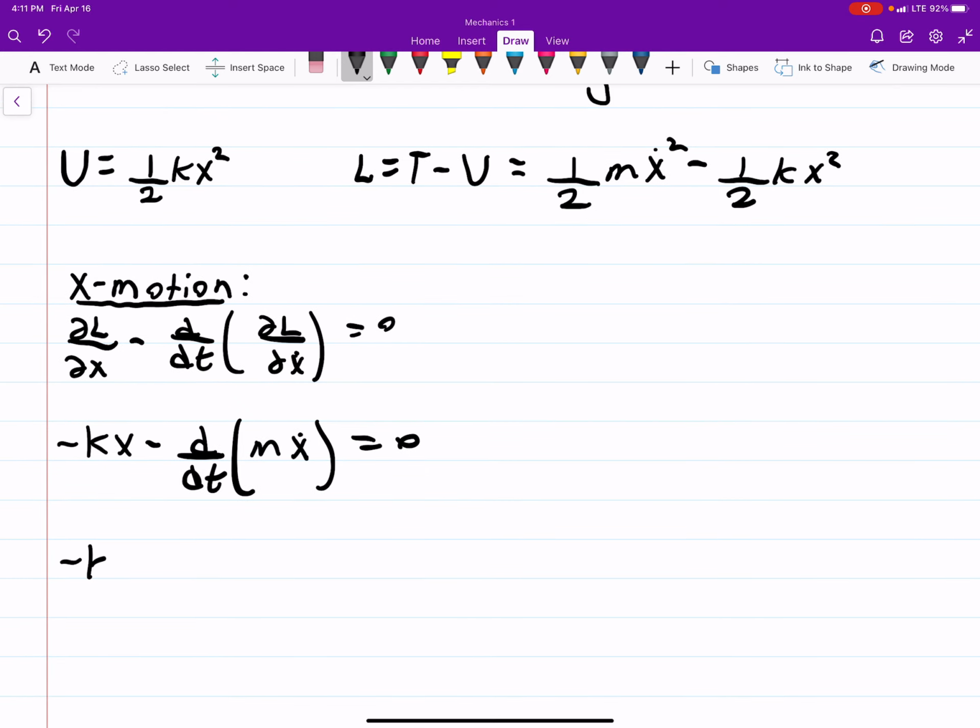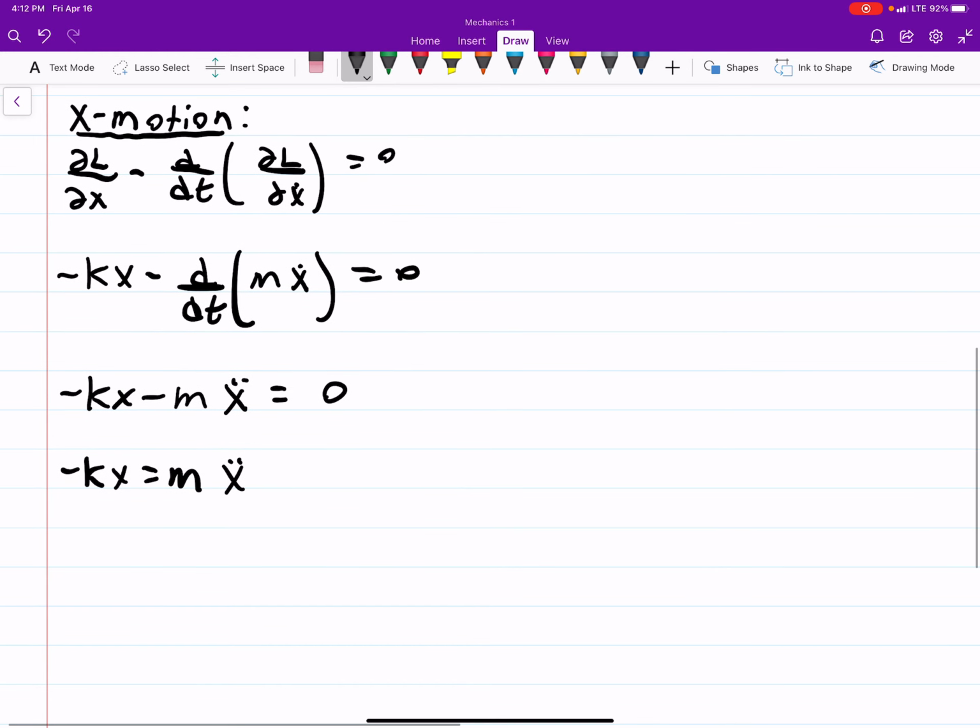And we get minus kx minus m x double dot is equal to 0, or minus kx is equal to m x double dot. And we could say x double dot is equal to minus k over m times x.